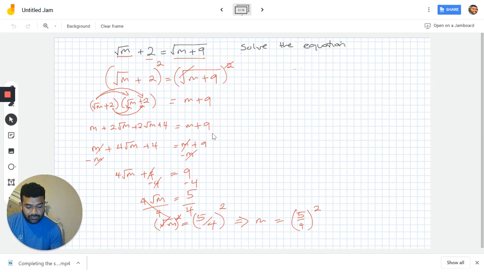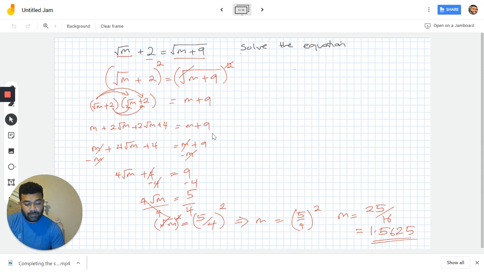If I use my calculator, 5 over 4 and the whole thing squared is going to give me 25 over 16. So m is equal to 25 over 16, or if I write it in decimals, it's going to be 1.5625. That is the value of m.